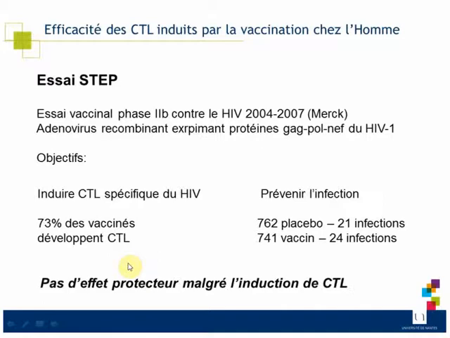So this is a major message here. So far, CTL have an antiviral effect, have an important role in the natural progression of acute and chronic viral infections. But so far, they can't be harnessed by vaccination. Vaccines don't work, or at least the vaccines that we currently have do not actually work by inducing CTL.